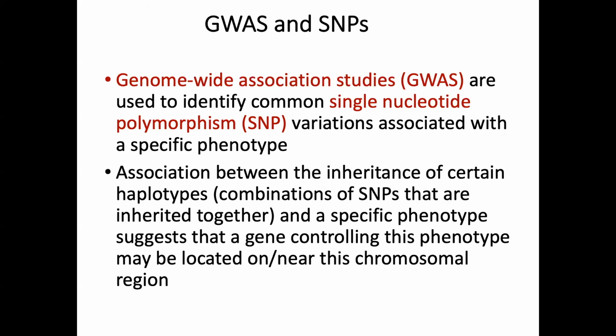If one type of variant is more frequent in people with obesity, the variant is said to be associated with obesity. The associated SNPs are then considered to mark a region of the human genome that may influence the risk of the disease, all right?